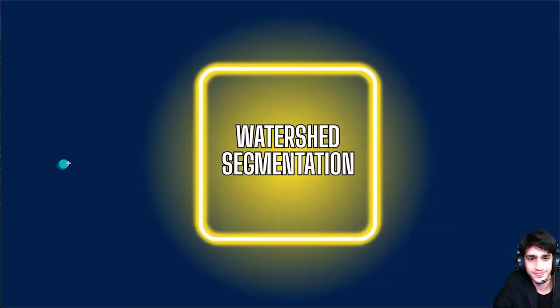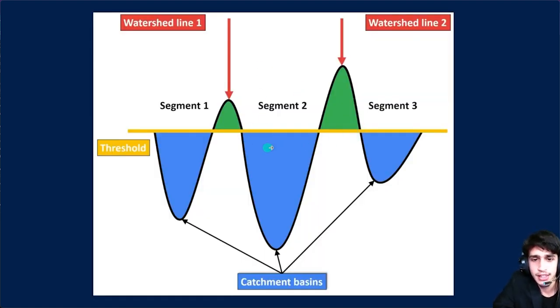Okay. So what is segmentation? Segmentation means dividing a whole thing into parts. And in watershed segmentation, what we do is make the 0 pixels valleys and the pixels with the highest brightness, meaning 255, the peaks.